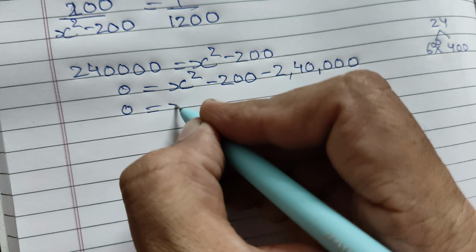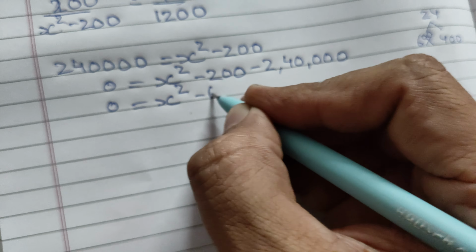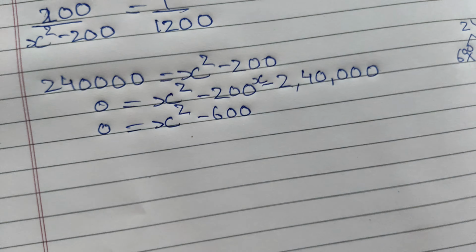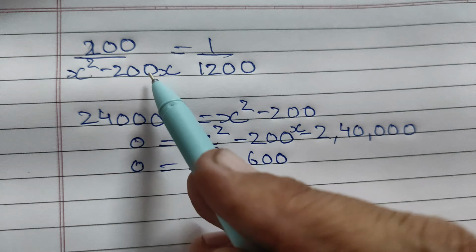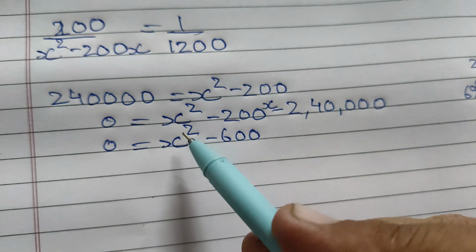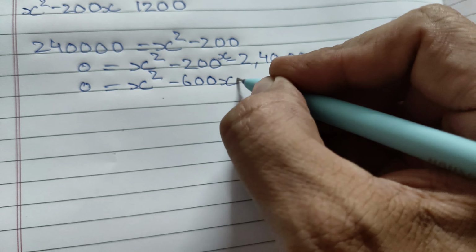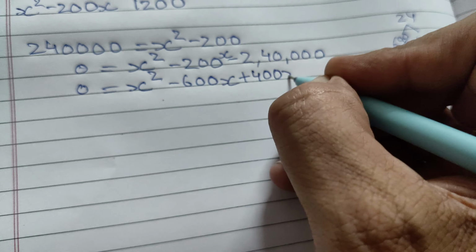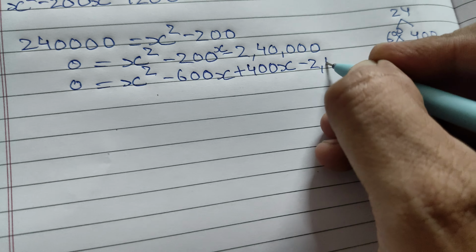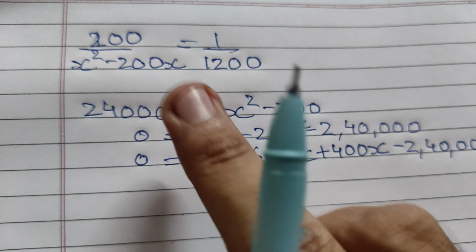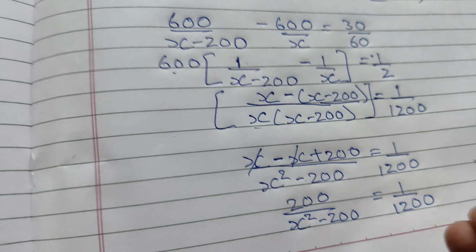So let's go. So x square minus 600x plus 400x minus 2,40,000. Yes students, I forgot to put x here. Just have a look here.